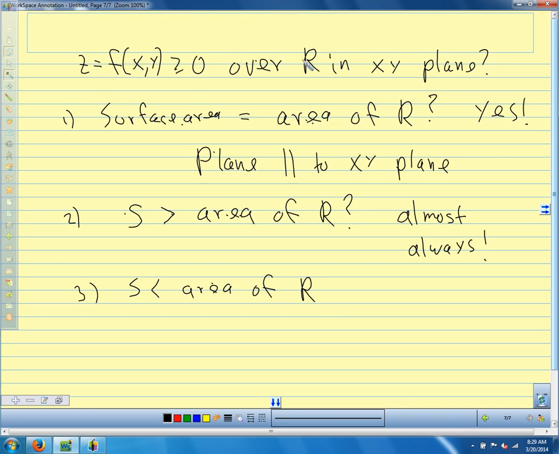So we're saying our condition is that we're talking about this surface area of z over R in the xy plane. So our surface area can't be smaller than the area of the region. We can't have a surface and have the area shrink when we stretch it, basically. So this would be no. We can't have that area less than the area of the region.